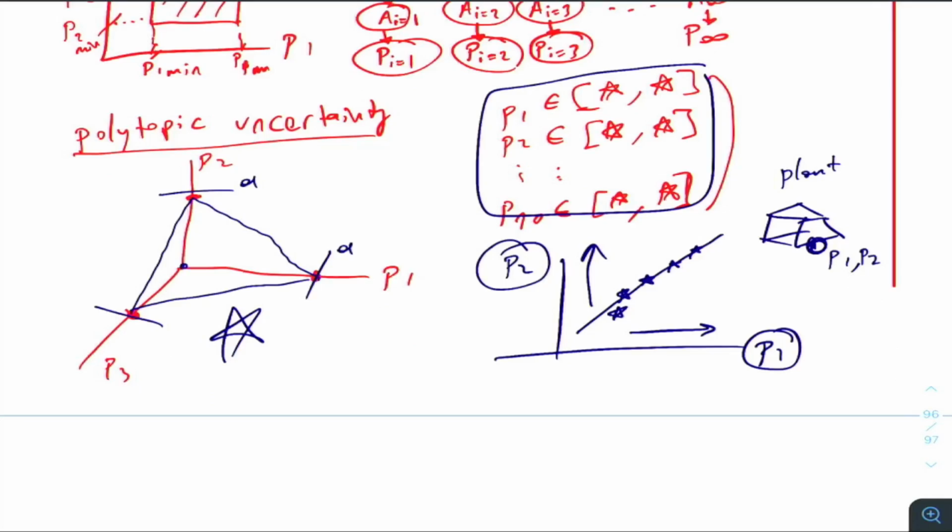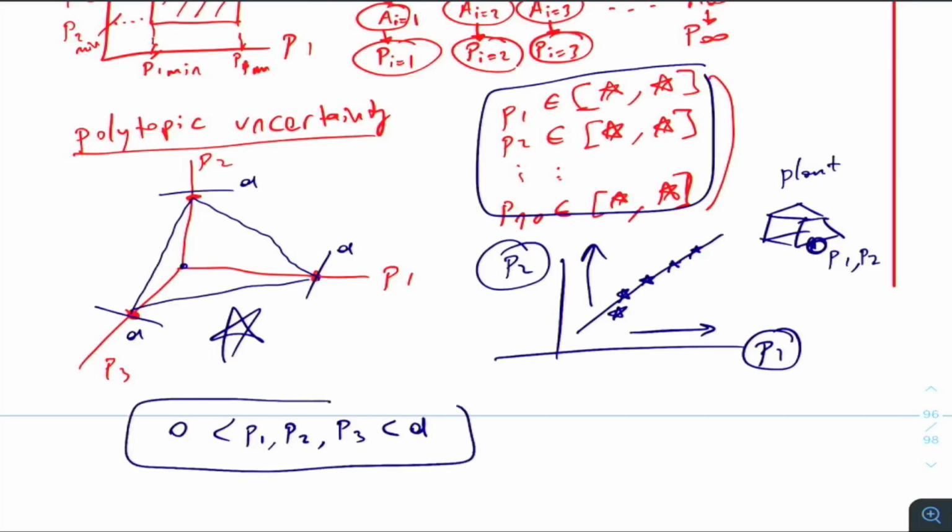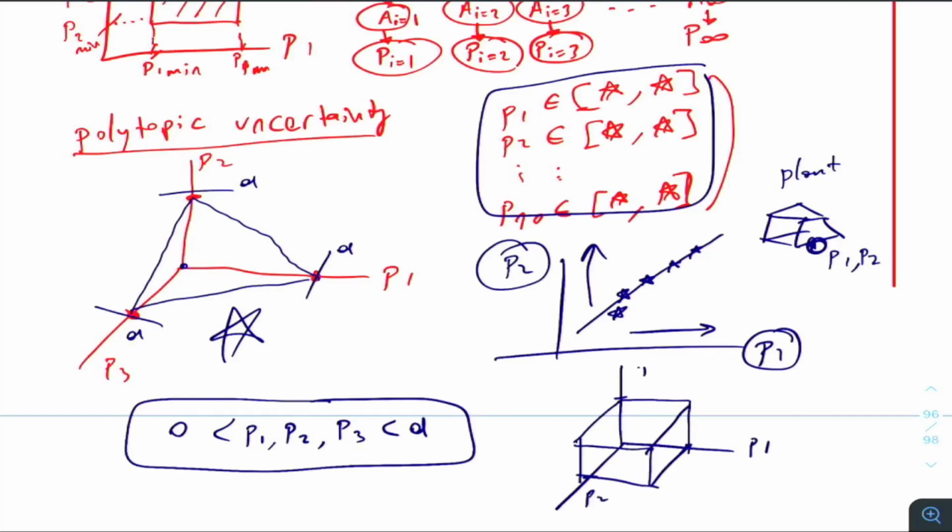So first of all, each one of those takes values between 0 and A. And only having this constraint kind of means we have this P1, P2, P3, this object, a cube, basically.